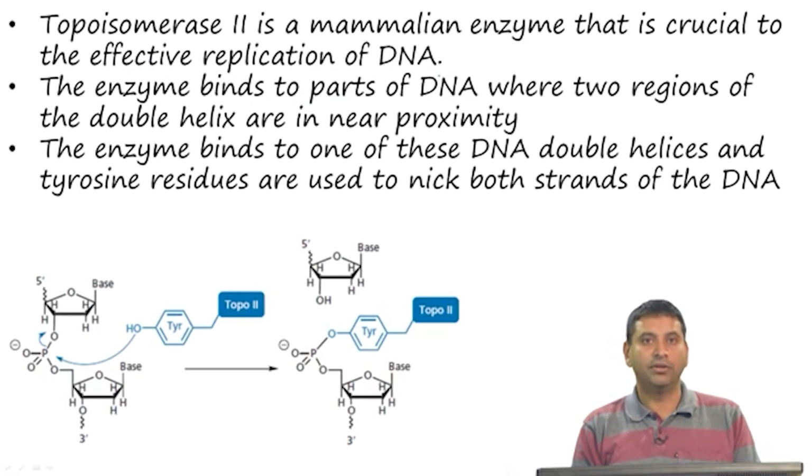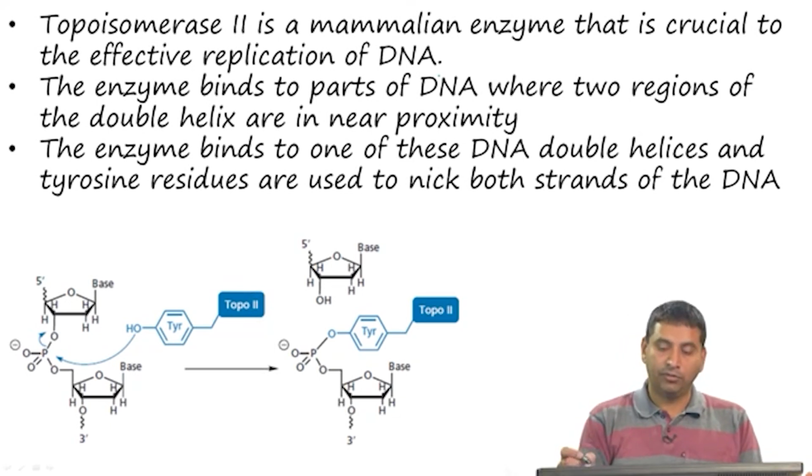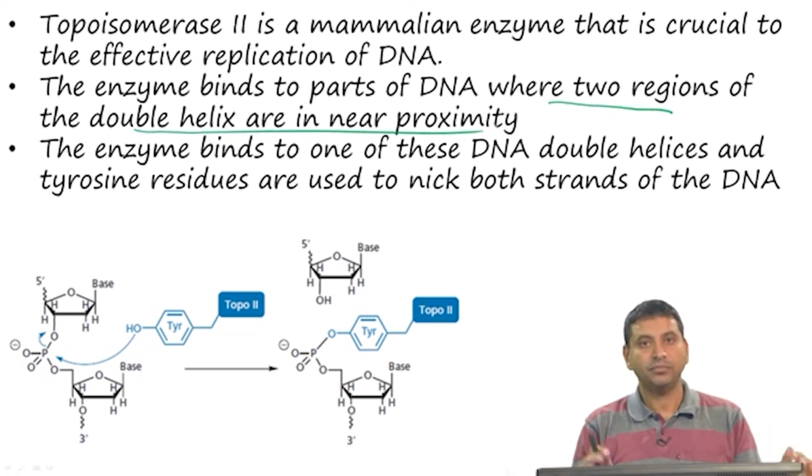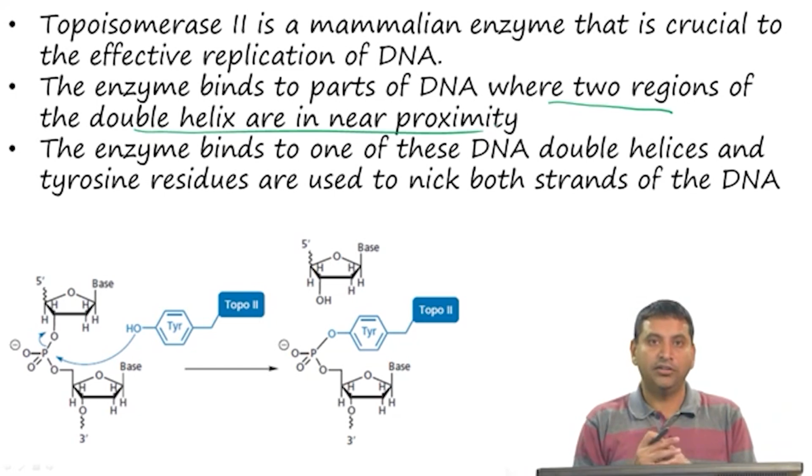We have already learnt in class that topoisomerase II is a mammalian enzyme that is crucial for effective replication of DNA. This enzyme binds to parts of DNA where two regions of the double helix are in near proximity. Then the enzyme binds to one of these DNA double helices, and the tyrosine residues are used to nick both the strands of DNA.